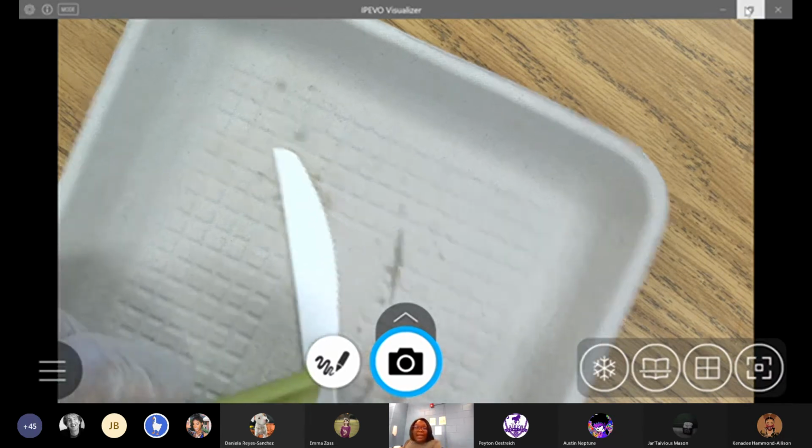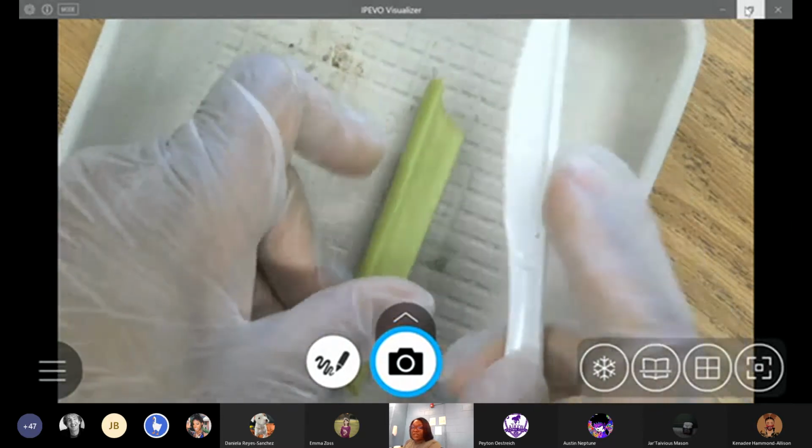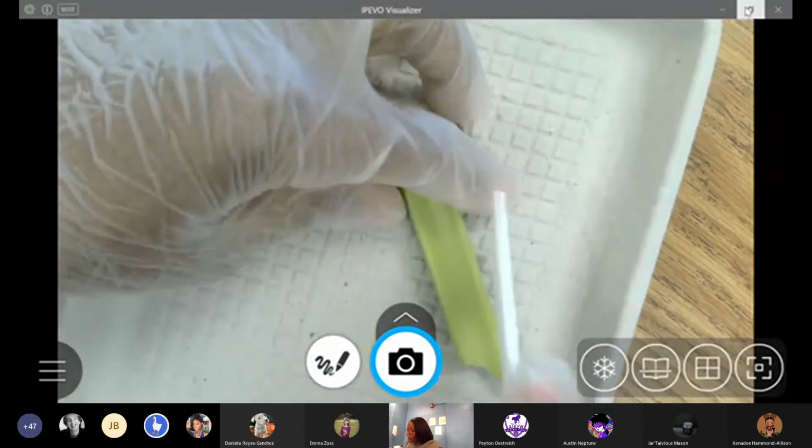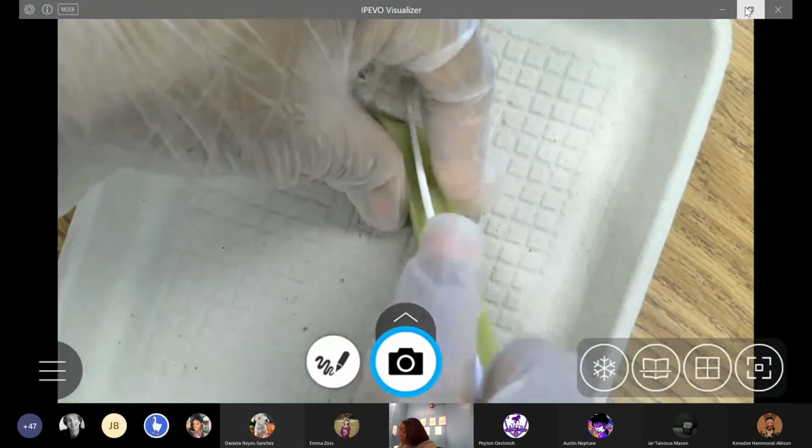I now want to do a cross section of our celery, where I'm going to cut it right down the middle.